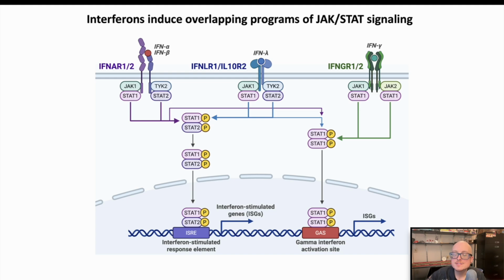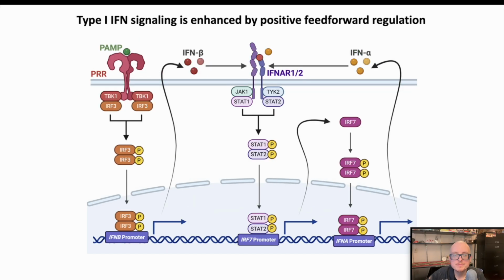And these interferon-stimulated genes include very many very potent antiviral effector molecules, and they induce a state in the cell, as we'll see, which is very inhospitable to viral replication. And this is the main way that these pathways end up protecting the cell from viruses.